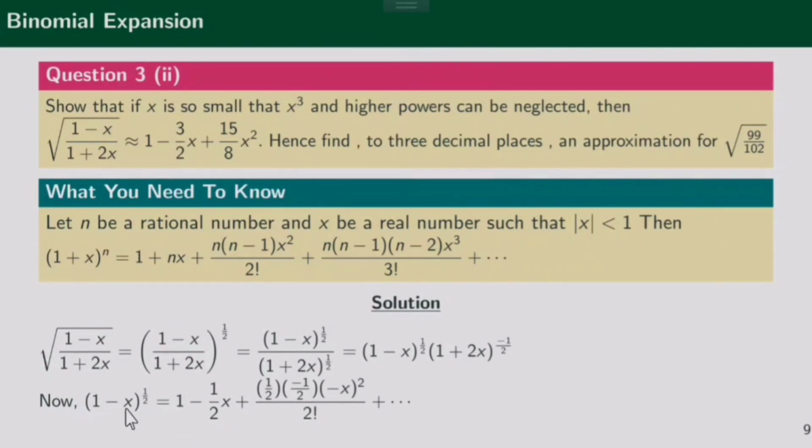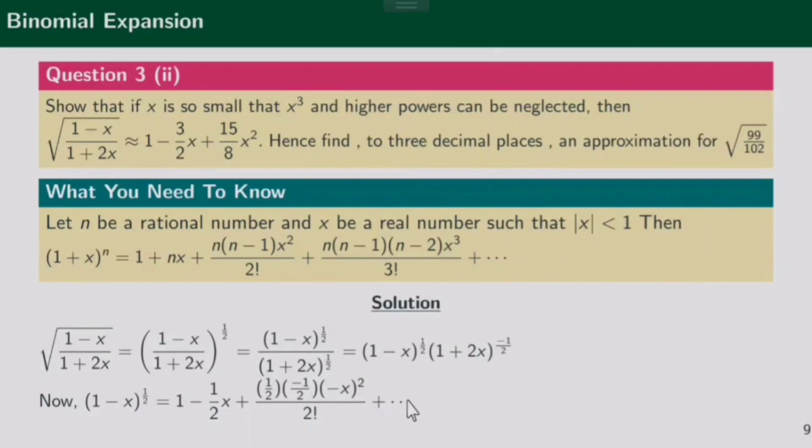I have 1. Then n times x, so I multiply half times negative x, that gives me negative half x. Then I add n, which is half, times n minus 1, half minus 1 is negative half, times negative x, so x squared, with negative x all squared, divided by 2 factorial.